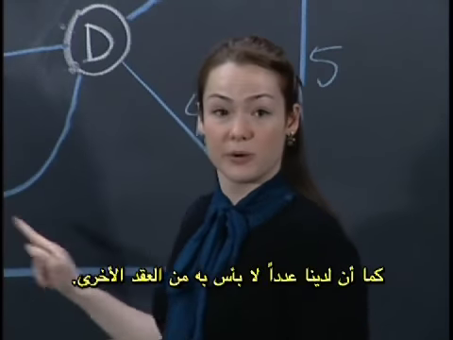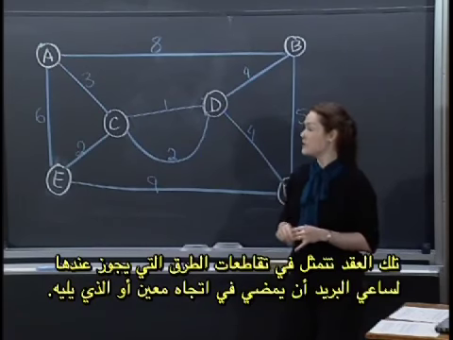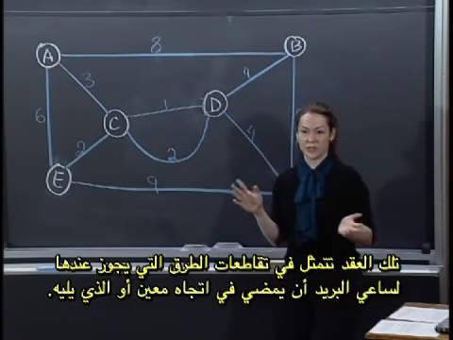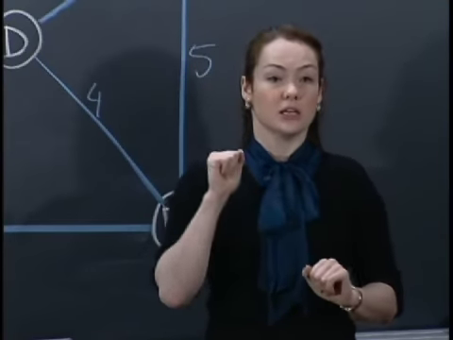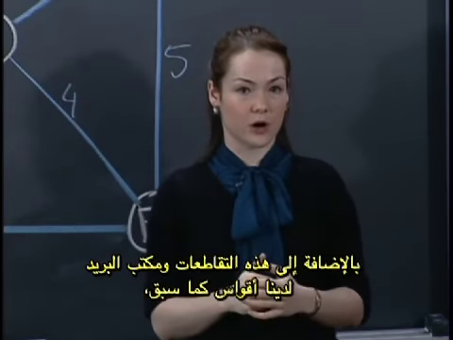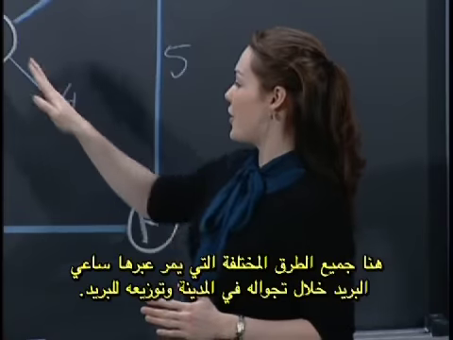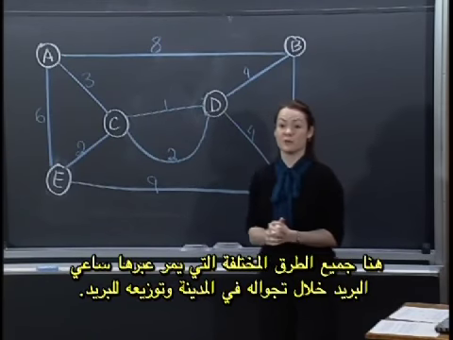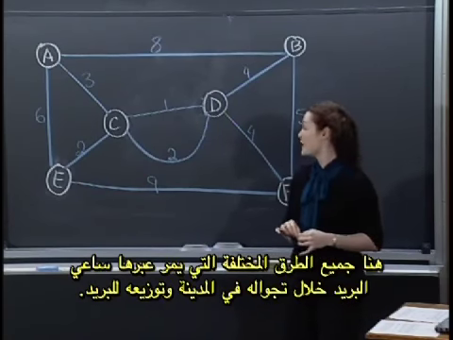Now, we also have a whole bunch of other different nodes. Those nodes represent the intersections in the roads where a postman can choose to go one direction or the next. In addition to these intersections and the post office, we have arcs like before, and those arcs represent our roads. Here are all of the different roads that the postman will have to cover while traveling around the village and delivering his mail.